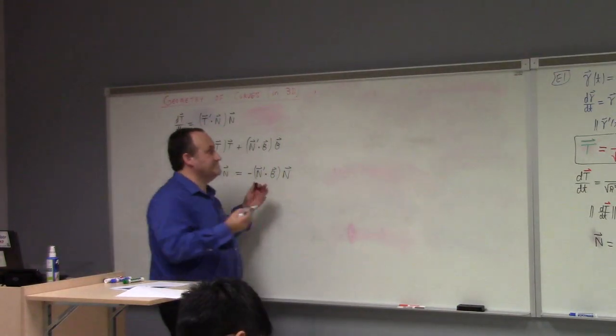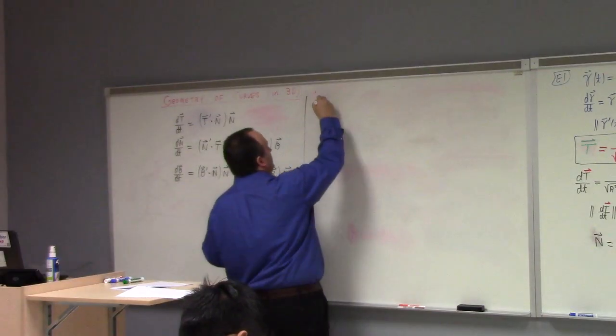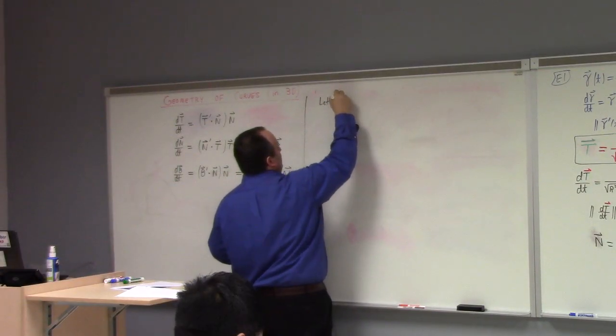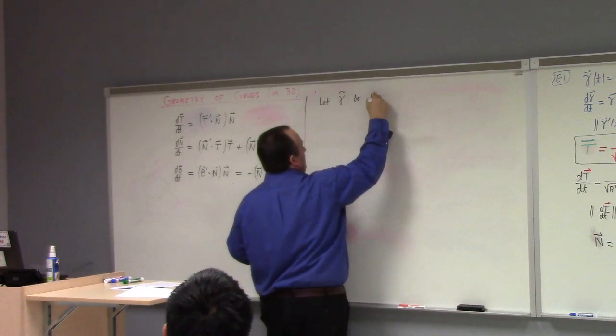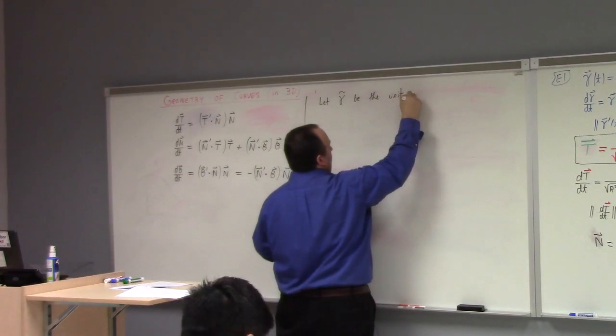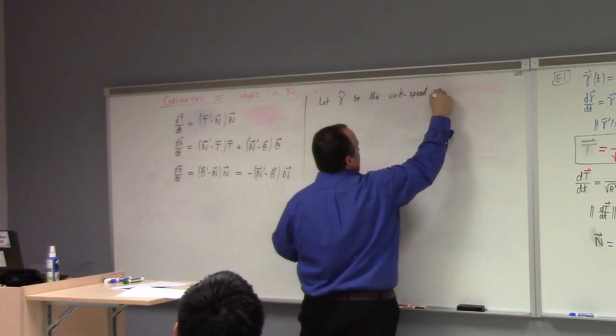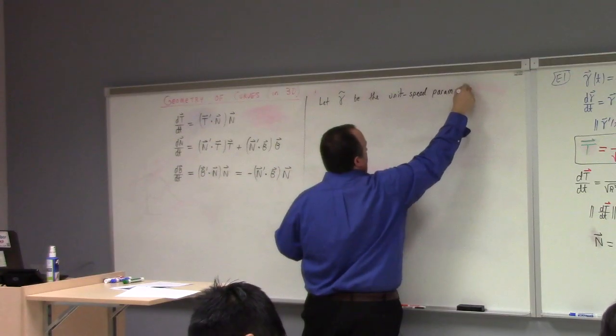Okay, so let gamma tilde be the unit speed parameterization of the path.